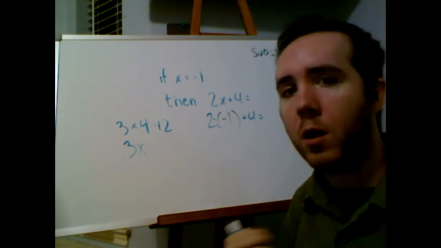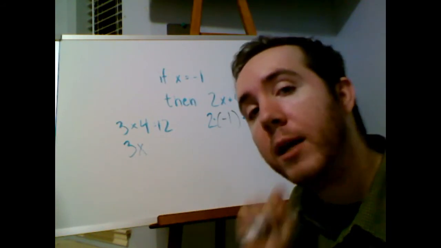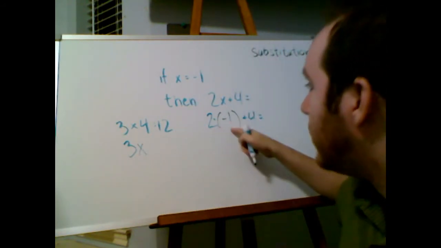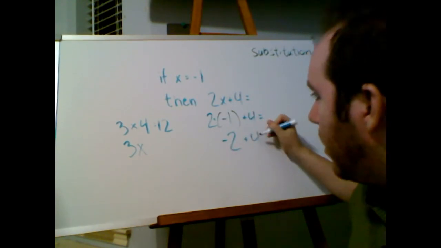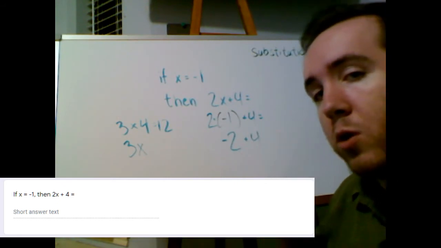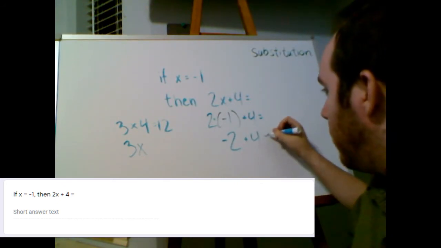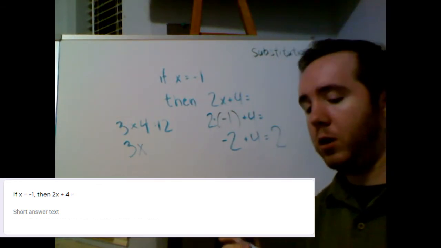And here we're going to use our order of operations. We know multiplication will come before addition. So 2 times -1 is -2 plus 4. And -2 plus 4 is 2, which is the answer to our second question, 2.